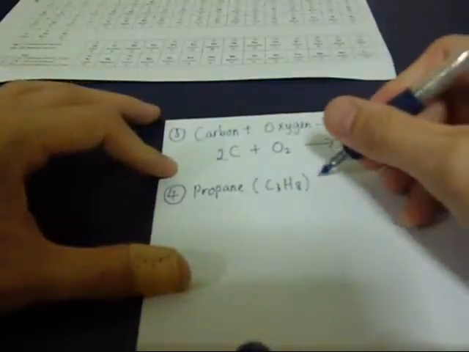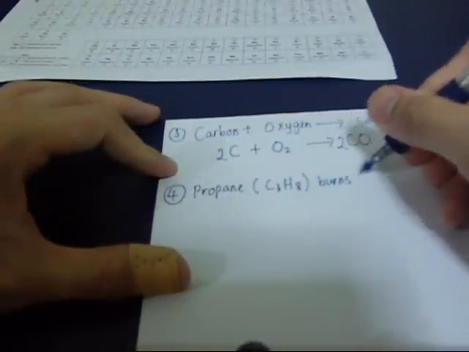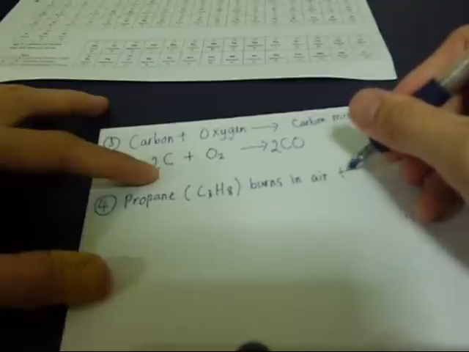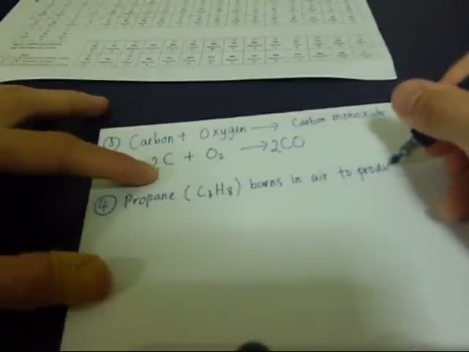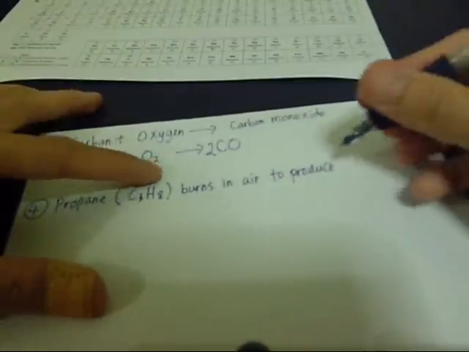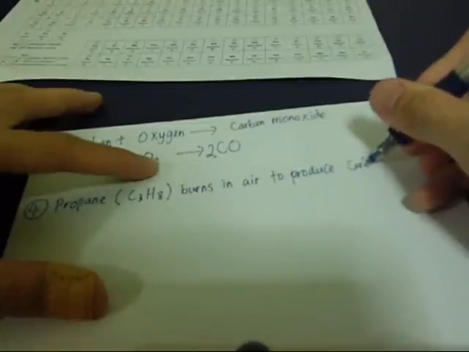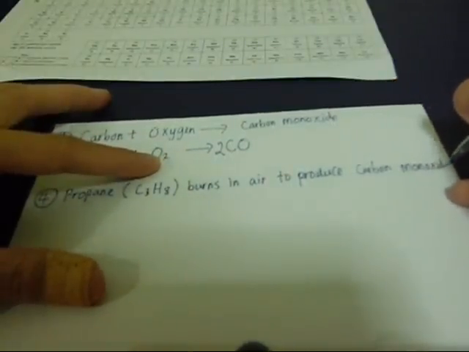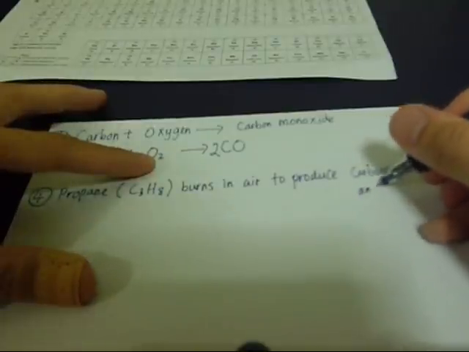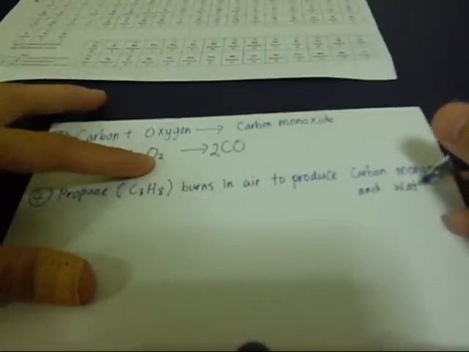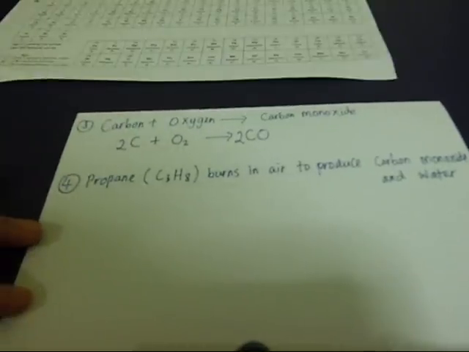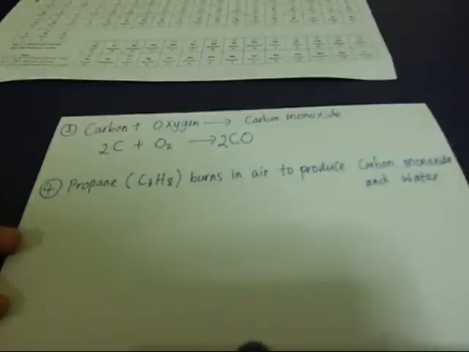Now this propane burns in air to produce carbon monoxide and water. So how do you write a balanced chemical equation for this reaction?